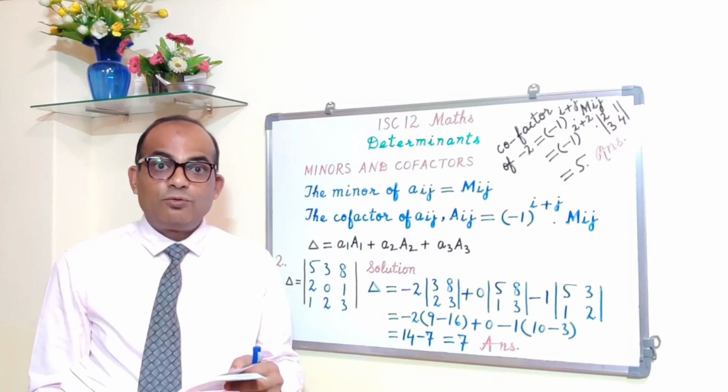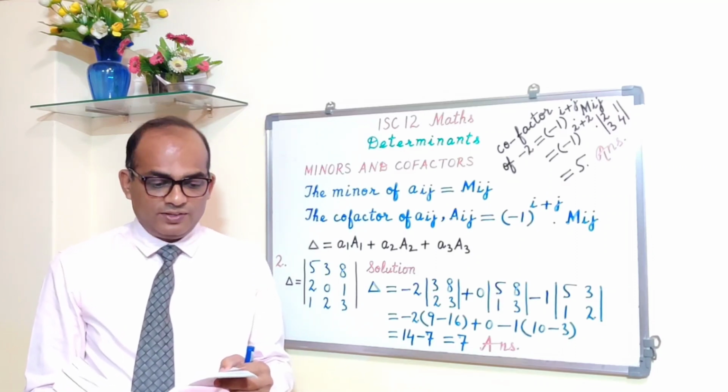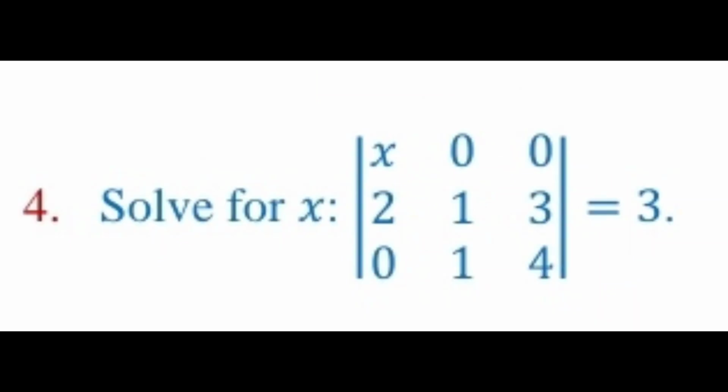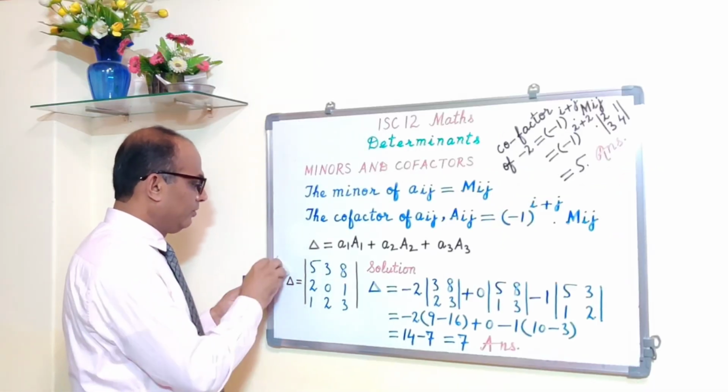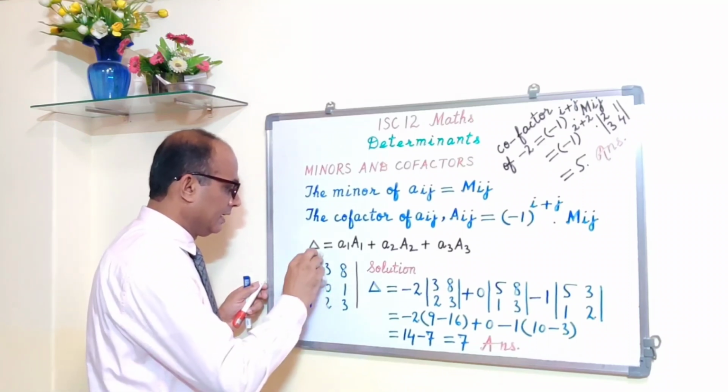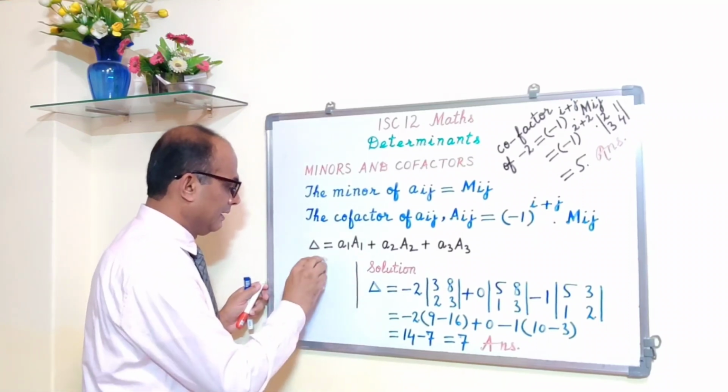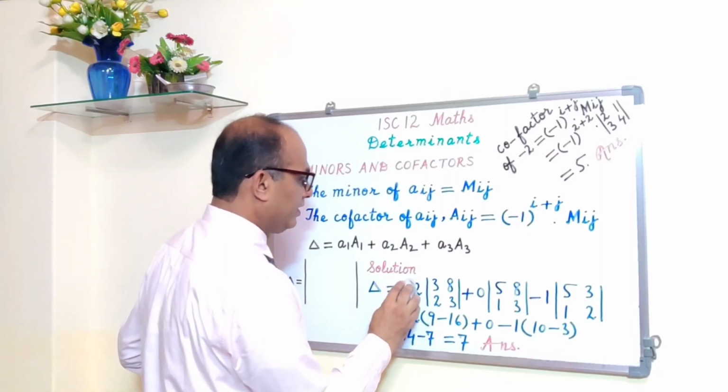Okay, now the fourth question, the last question for today, is solve for x. The determinant on the left-hand side is x, 0, 0, 2, 1, 3, 0, 1, 4, and it is equal to 3.